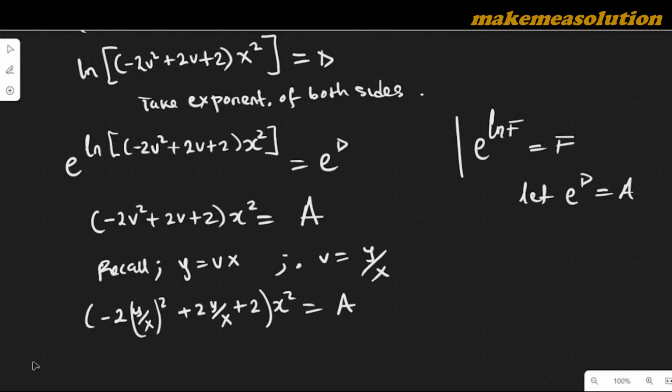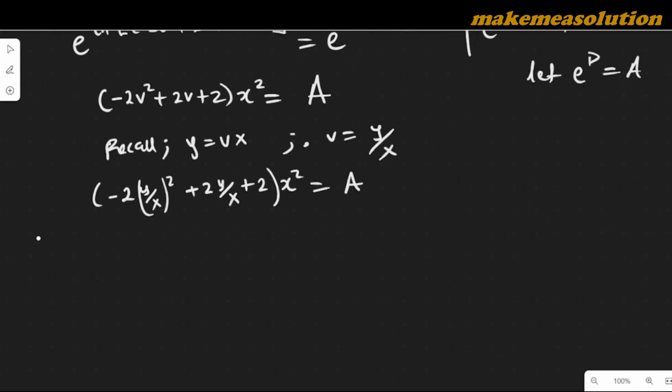So in the course of doing it like this, we can now multiply through by what? X squared. So use x squared to open these brackets, and what we'll have is minus 2y squared. Let me just do something first, I don't want to jump any step. Plus 2y over x plus 2, then x squared is equal to a.